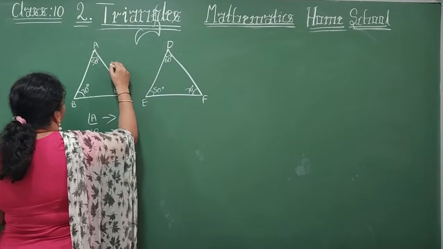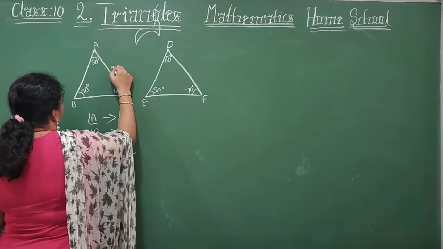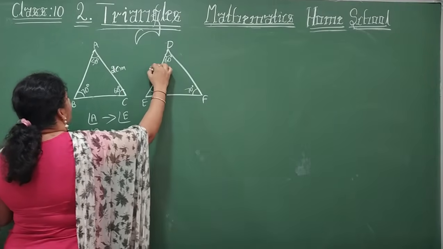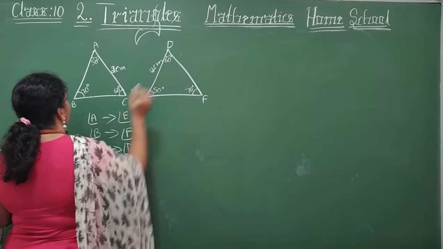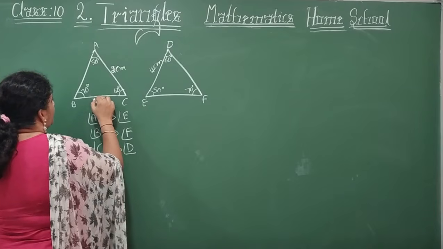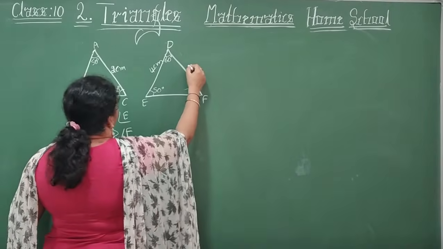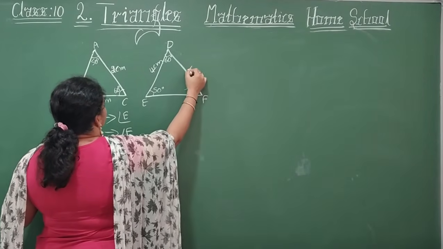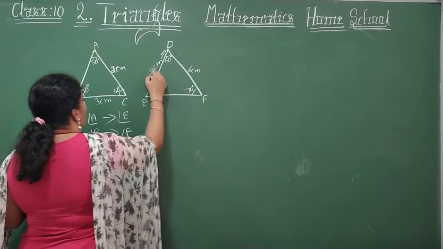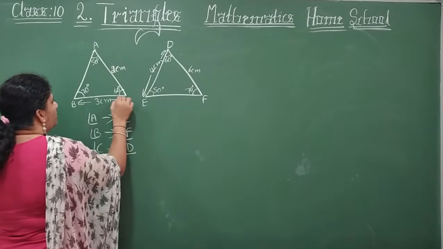Let me take 2 centimeters and let me take here 4 centimeters. And this one will be 3 centimeters and this will be 6 centimeters. Observe here carefully what I am doing.